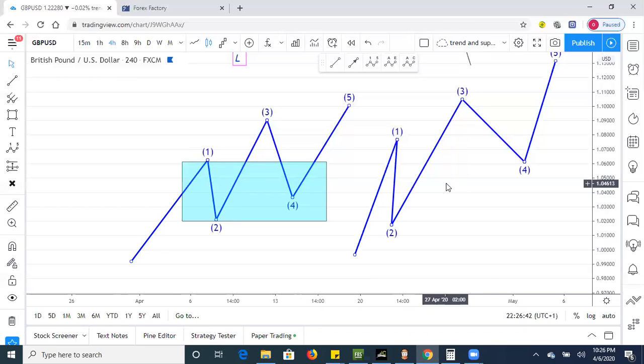Then you go to the lower time frame and it seems like price is making consecutive lows and you become confused. My advice is trade in line with the higher time frame and look for your entries in the lower time frame.